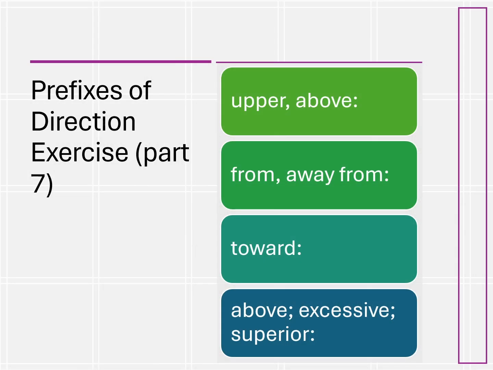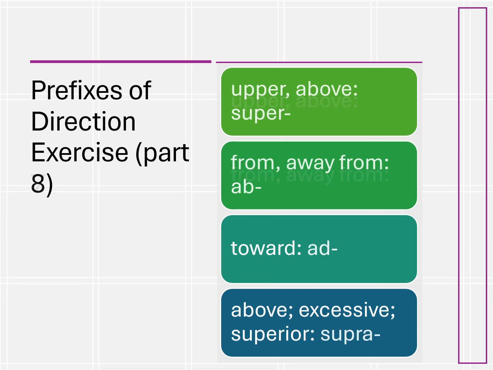In the set, we have upper or above, from or away from, toward, and above, excessive, or superior. So the prefix for upper or above is super. From, away from is ab with a B. Toward is ad with a D. And above, excessive, or superior is supra.